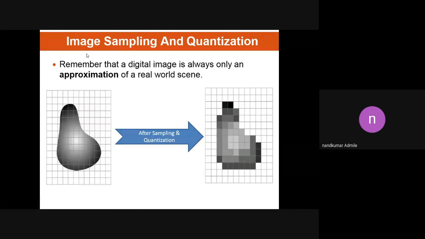Have you observed any difference between these two images? The first image is in total analog format, so it can change randomly. After that, the sampling and quantization image has a digital format. There is no analog change. It can only change from 0 to 1, 1 to 0. Have you observed it?